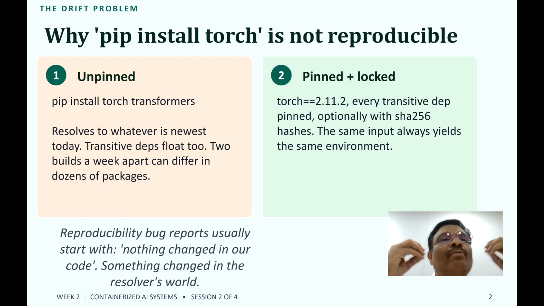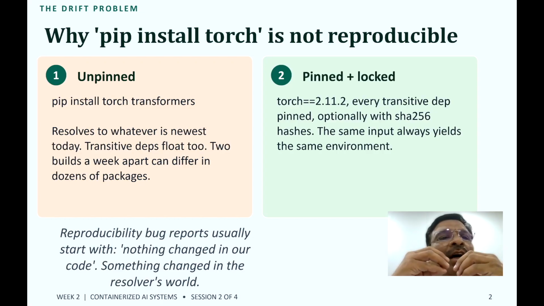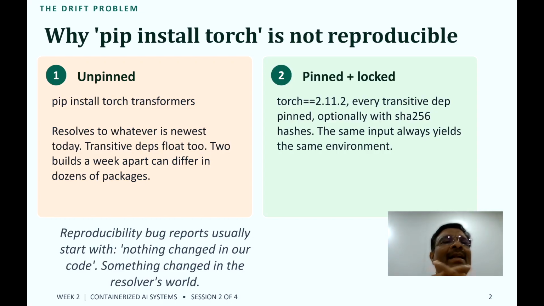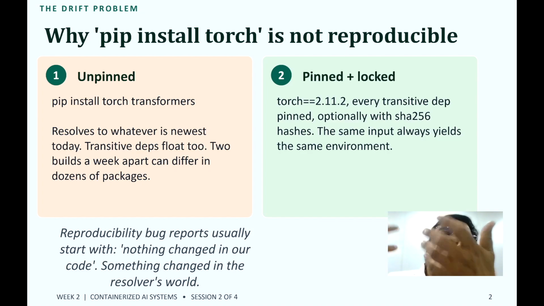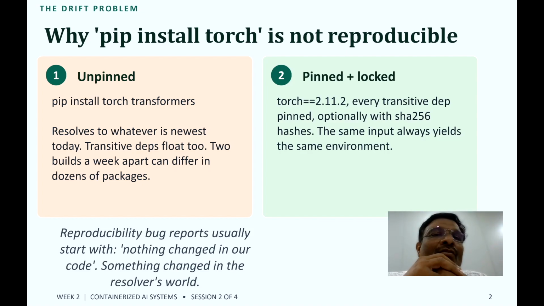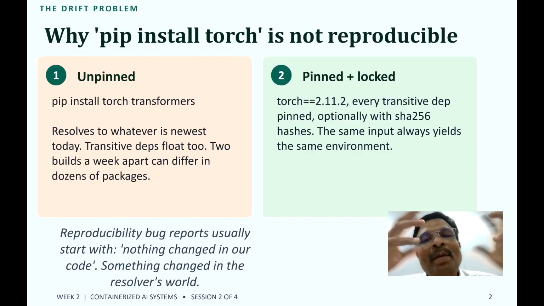So there is this drift problem which everybody knows, and that is why pip install torch is not reproducible. When you execute pip install torch on your system, it will install the latest torch, let us say. That basically means you are not pinning anything.